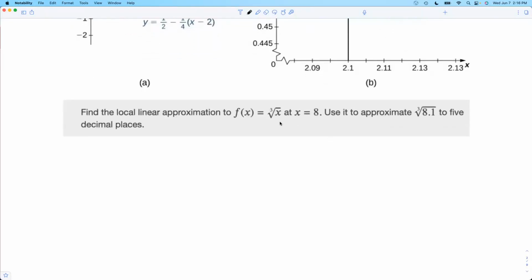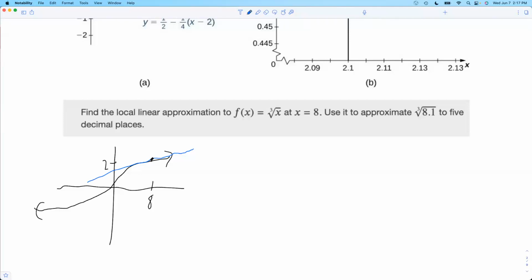Okay, so cube root of x, we know what its graph looks like. Let's think this through. So here at 8, cube root of x is 2. I'm just going to draw out this tangent line just so we can kind of see what we're doing. So right there, I'm supposed to be tangent.